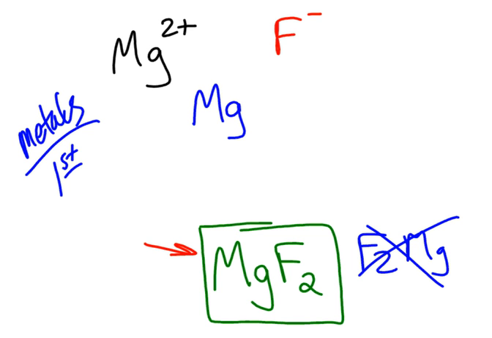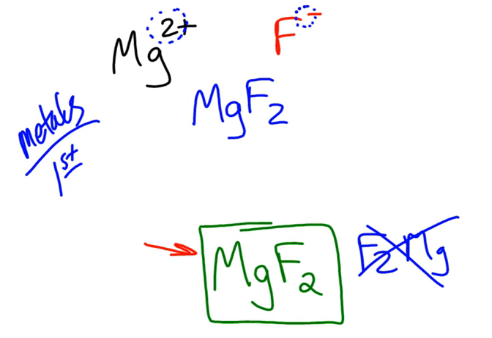Now, if I want to know what subscript I'm going to use for magnesium, I want to look at the number charge of the other ion, in this case 1, so I have 1 magnesium. Fluorine, I want to know how many fluorines I need. I need to look at the number of charge of the cation in this case, and it's a 2, so I'll put a 2.